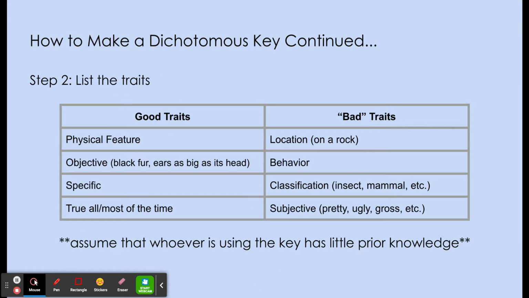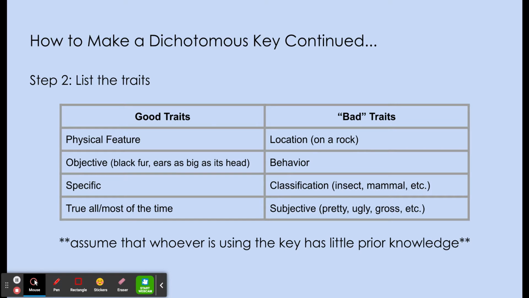The next thing is you list the traits. Now remember, in step 1, you are figuring out how many statements you need, and you are also creating one physical trait that will easily separate your organisms into 2 groups. Like that example was has an external shell, doesn't have an external shell. So that easily separated those organisms into 2 groups.